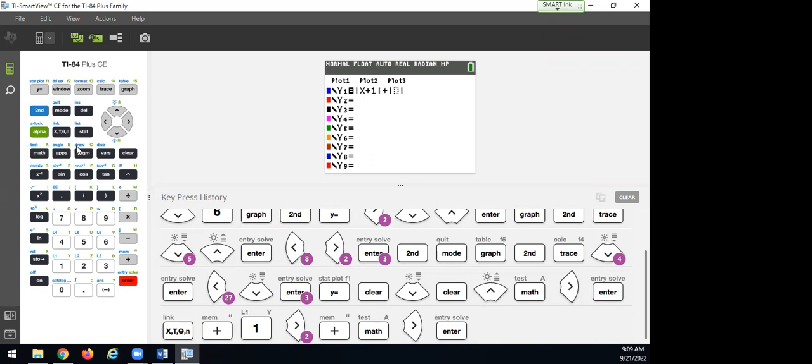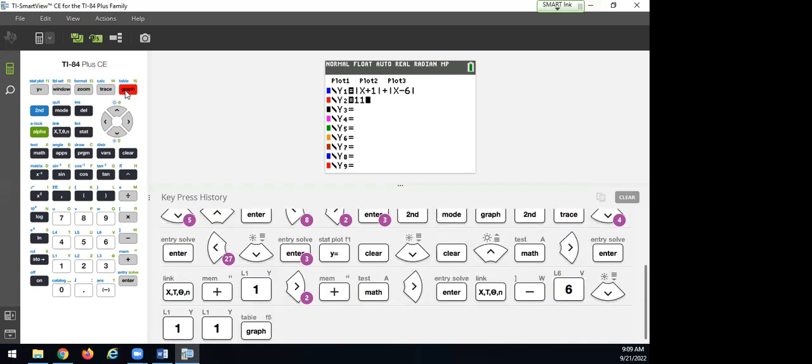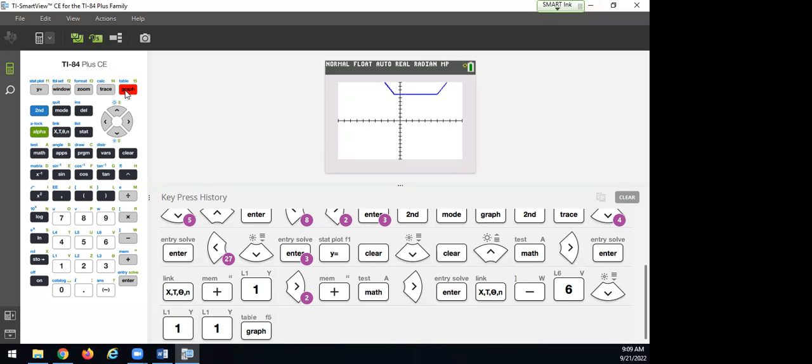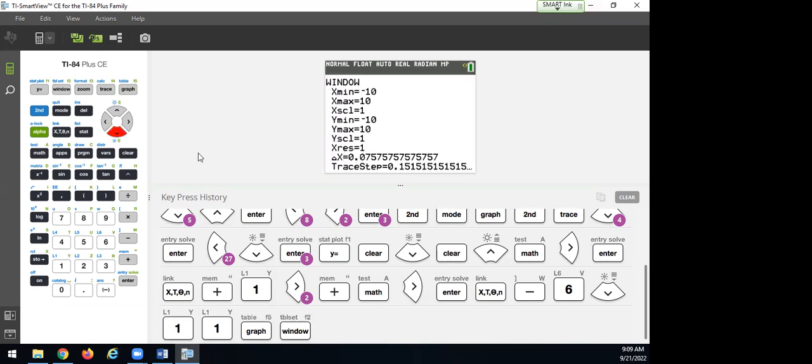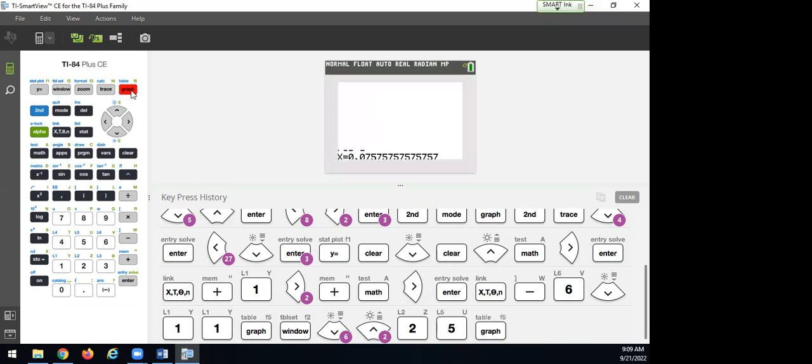And then what's the other one? X minus 6? I think so, right? X minus 6. And then go down, and I think the right-hand side was 11. And then we're going to graph this. And if you're not seeing your intersection, we may need to increase our window values. So I think we need to go up more on the y-axis. As you can see, I'm not seeing my intersection. So I'm going to increase y max to about maybe 25. And then go back to graph.